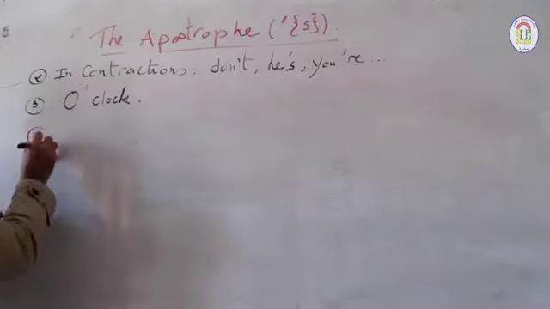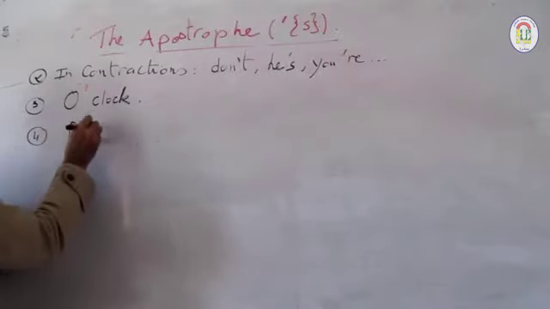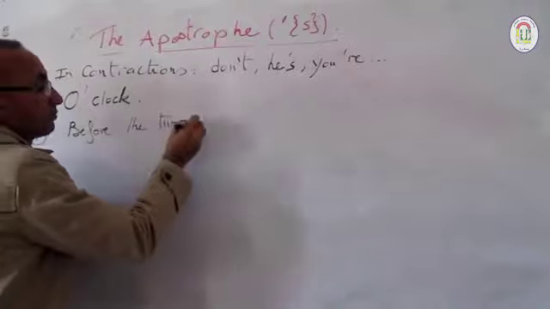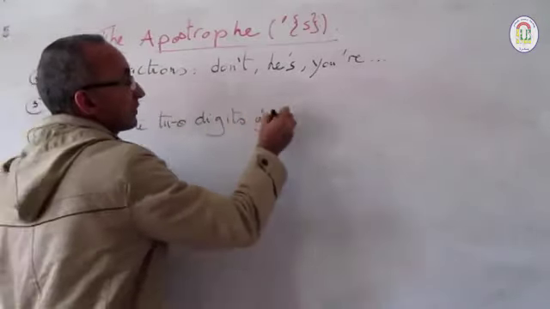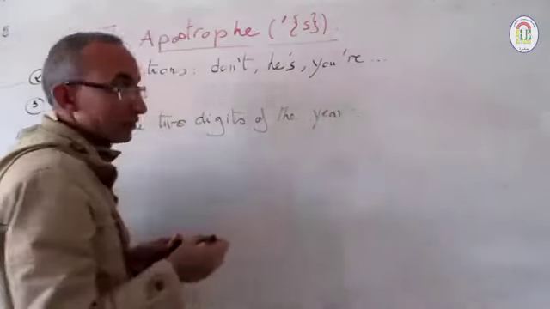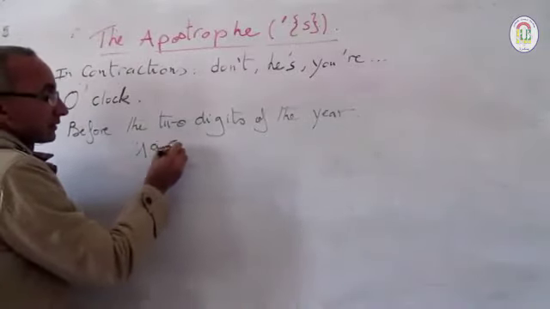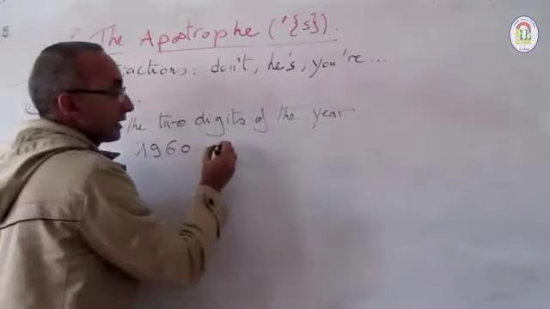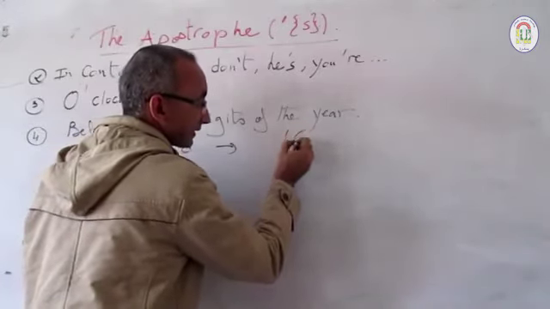Number 4. It is used also before the two digits of the year, to replace the century. So instead of saying, for example, I was born in 1960, you can say I was born in apostrophe 60, like this.